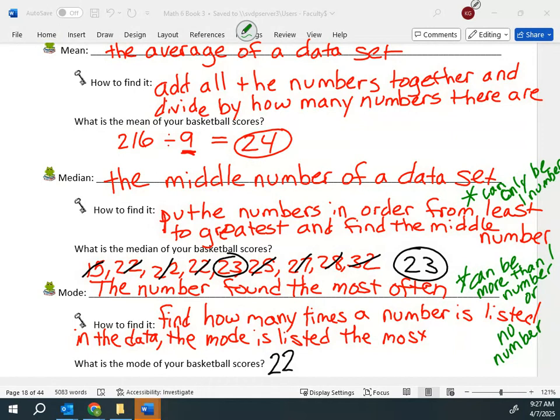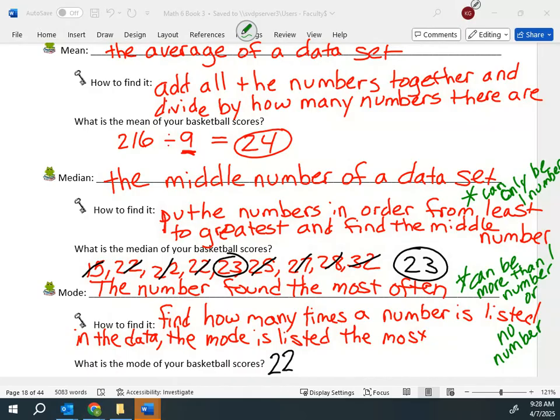Would we put 0 for our mode? Why not? Because you might think 0 was one of our data entries. Sometimes you will put 0 for a data. We don't want to put that as the mode if there's no zeros listed.